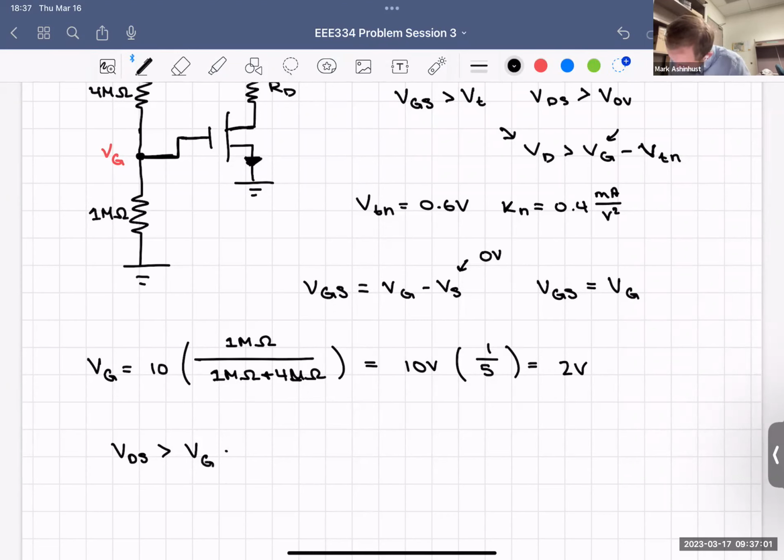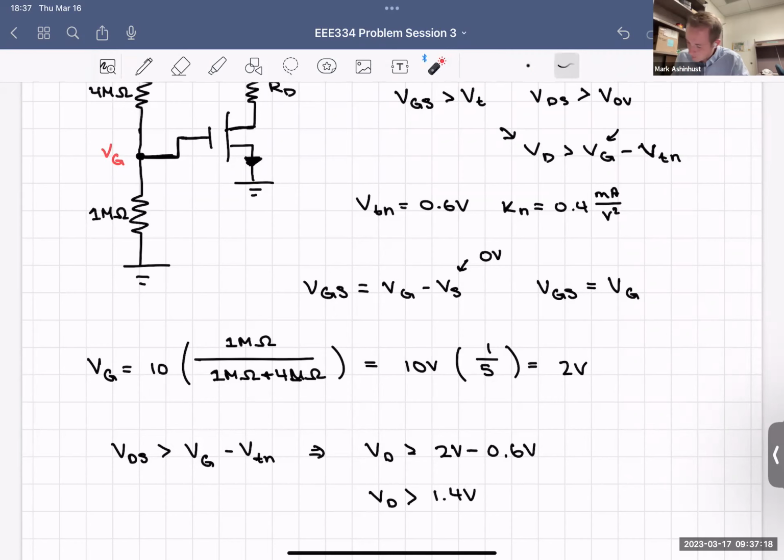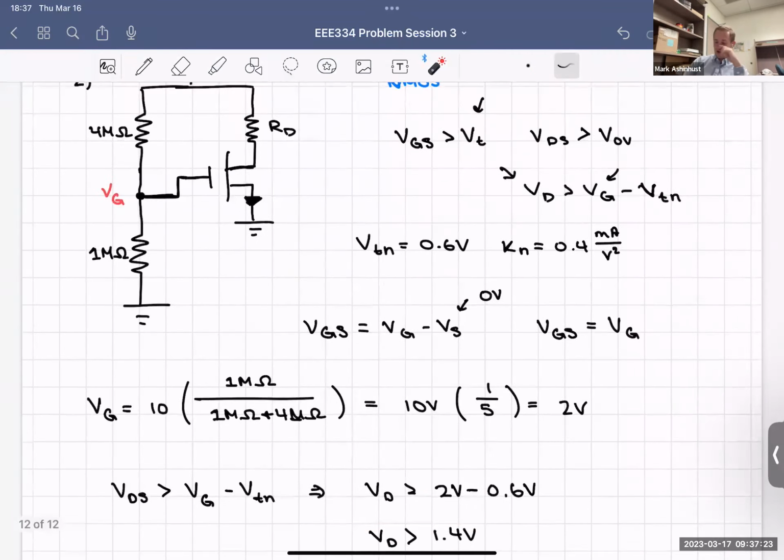So VD must be greater than 2 volts minus 0.6 volts, which means that VD must be greater than 1.4 volts. This is the most important thing we've solved for right now, because that means we need to control RD to ensure that VD is greater than 1.4 volts.